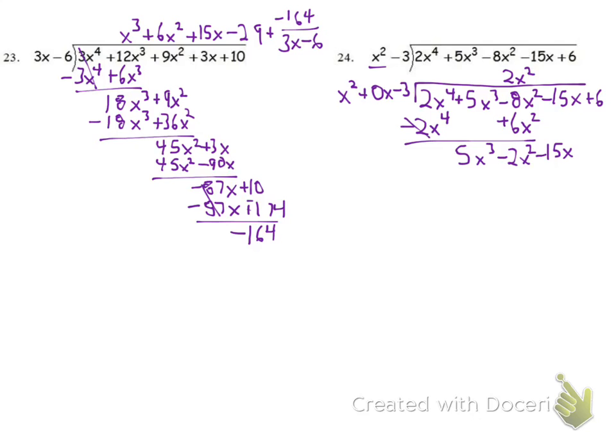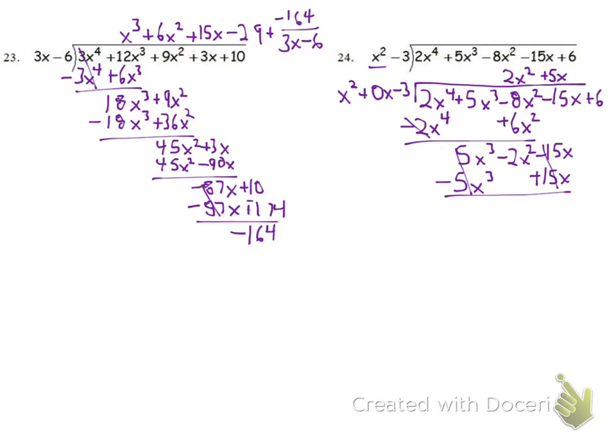Next I'm going to multiply by 5x. So I get 5x cubed. Middle term, there's nothing there. Plus 5, about negative 15x. Change the signs. That's gone.